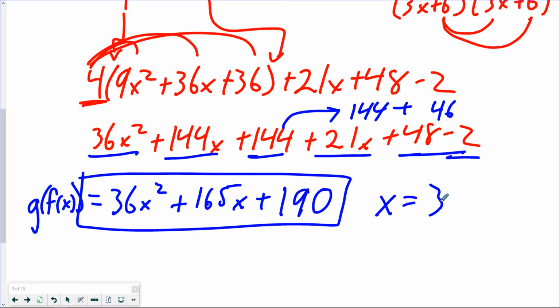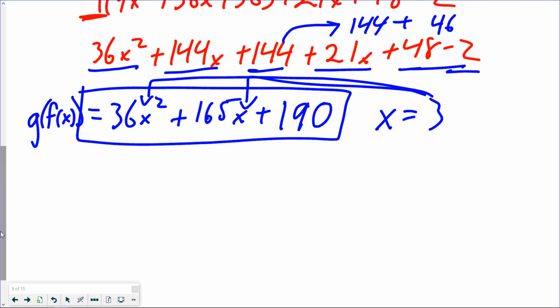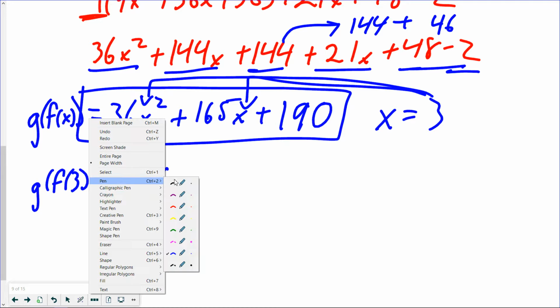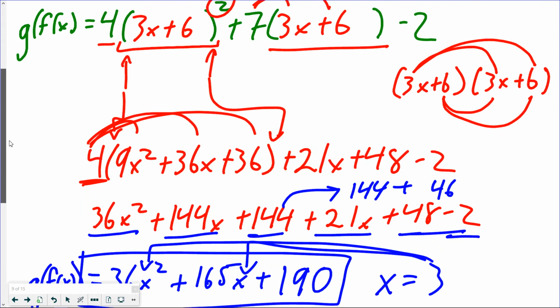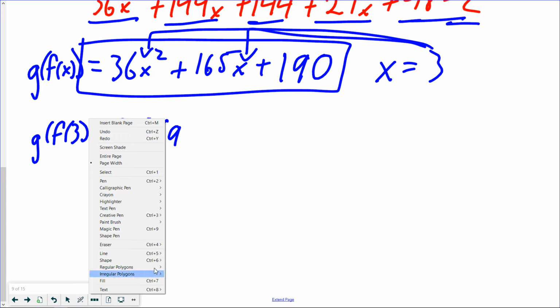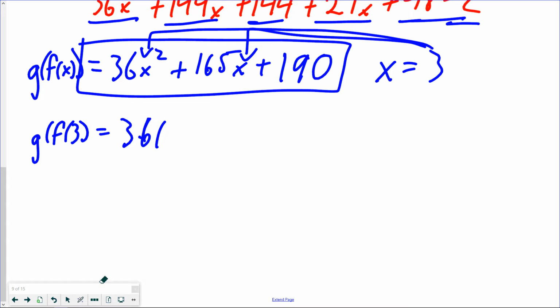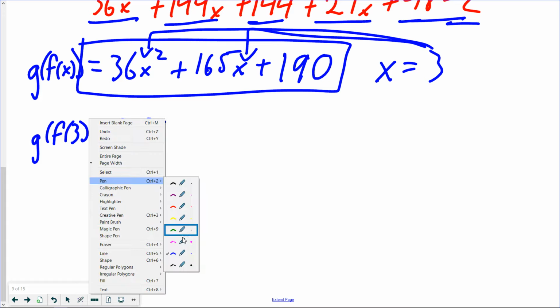So g of f of 3 equals 36 times 3 squared plus 165 times 3 plus 190.